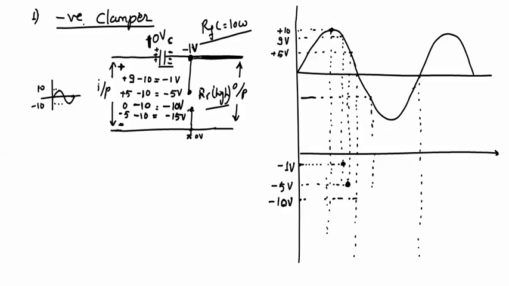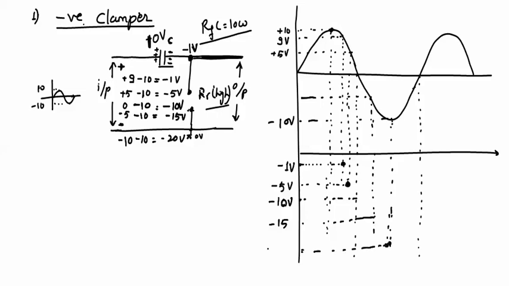So this time the output voltage is minus 15 volt, and finally when input reaches its negative peak minus 10 volt, minus 10 is added, so the total voltage is minus 20 volts. When input is at minus 10 volt, output is at minus 20 volts.